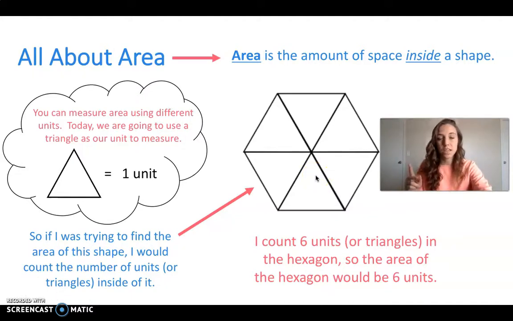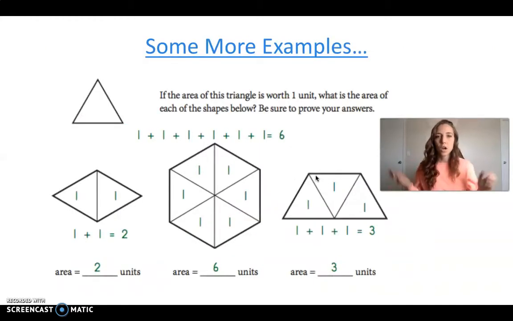Stay with me so we can get a little bit of a better understanding as we go on. Okay. Looking at this, these are just some more example problems. So like I said, if we're still using our triangle as our unit to measure, okay, you can look at different shapes and see how many units each shape is. So if I have this nice looking rhombus over here, I see I have 1, 2 triangle units.